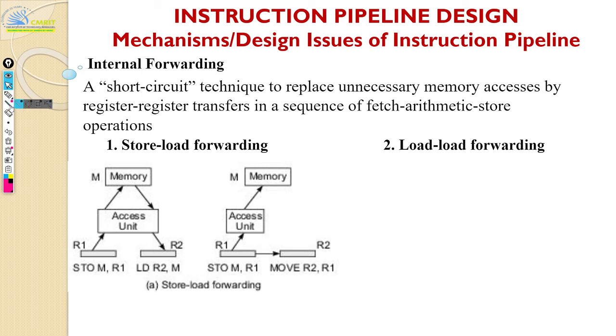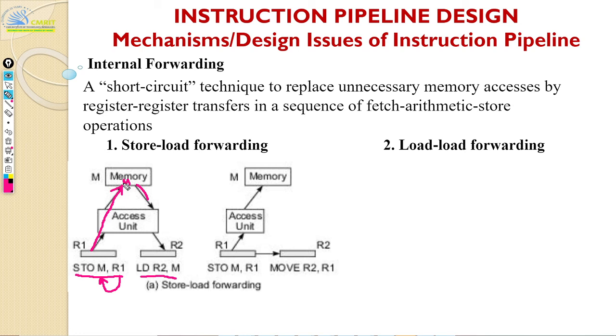So if you see, you're having two instructions, store and then a load. This store is storing the value of r1 into memory. And subsequently, you're loading the data from the same memory location.